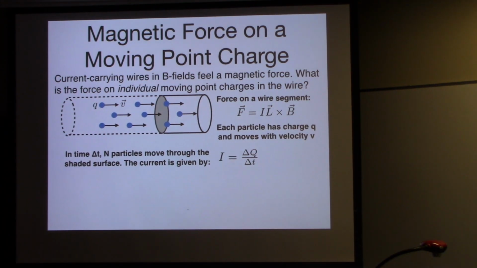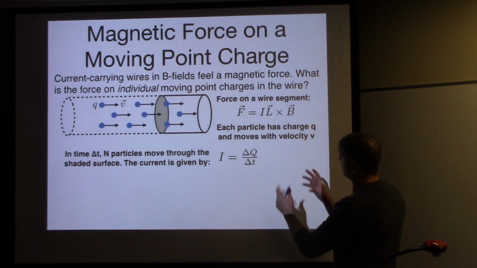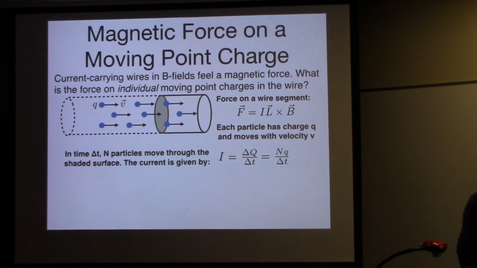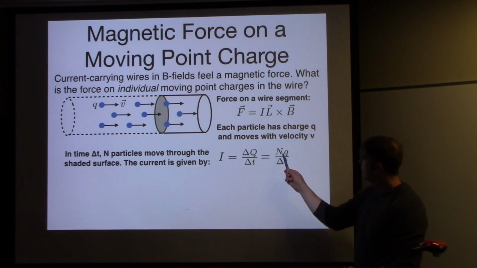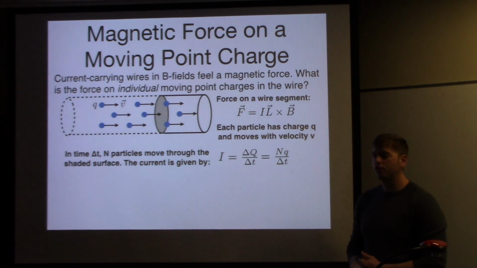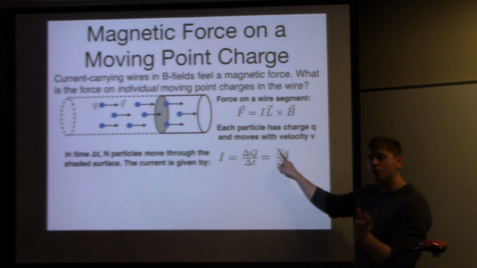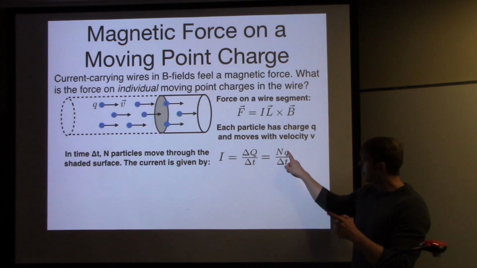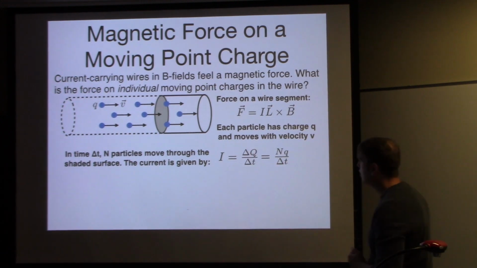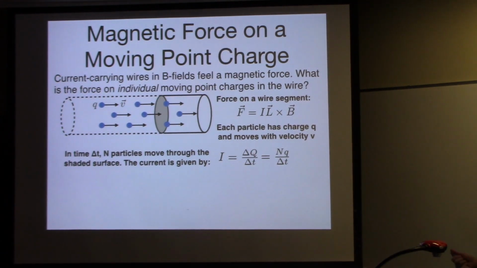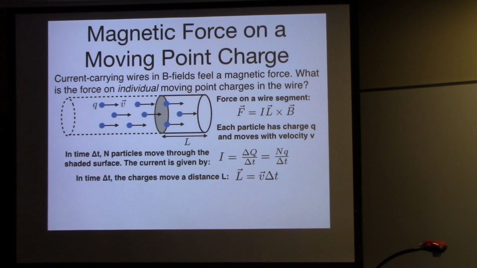Now delta Q, think about that as being the total amount of charge. I can think about that total amount of charge as being n times little q. So if I take the total number of charges I have times the charge each one gets, that gives me the total charge going through the surface. So that's a good expression for the current that we're going to use.